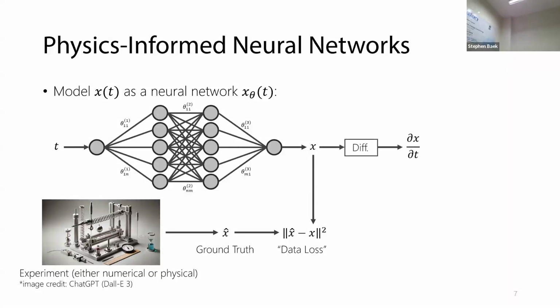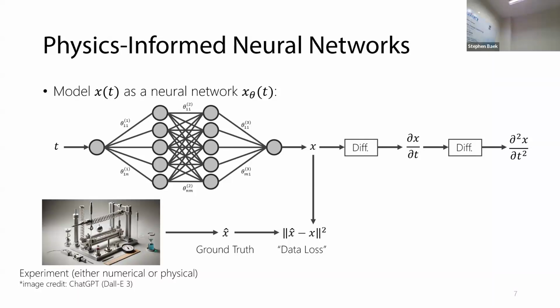And nothing really terribly interesting going on over here. Now the fun begins, and the interesting idea of physics-informed neural network is in the fact that we actually go further from here and take the derivatives of x with respect to t, as well as the derivative of dx/dt, which is the second order derivative, the acceleration.